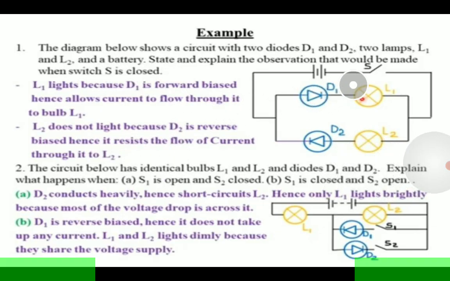Alright, so we have a switch over here. What I want you to pay attention to is how the two diodes are connected. Let's follow diode 1. If you follow diode 1, this end here is negative.